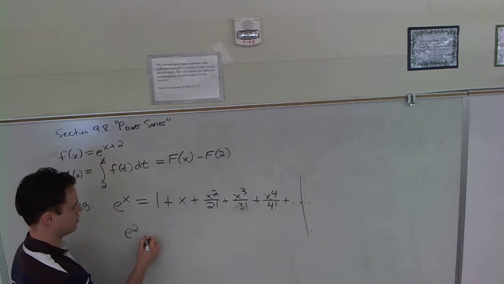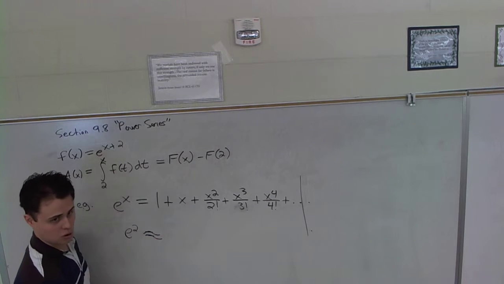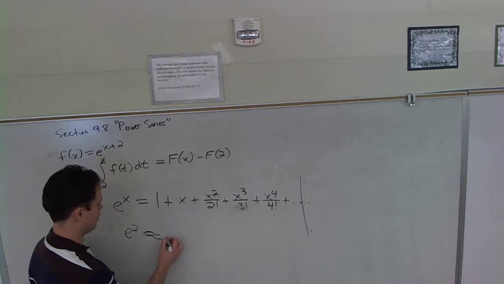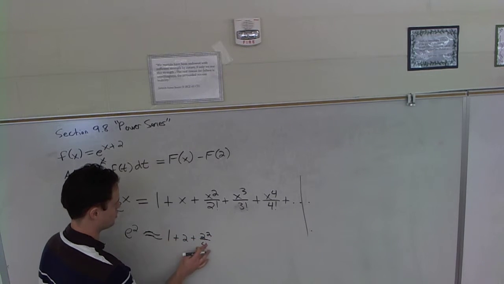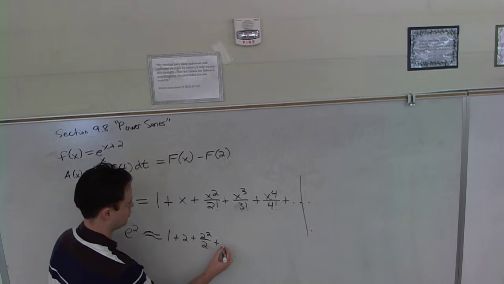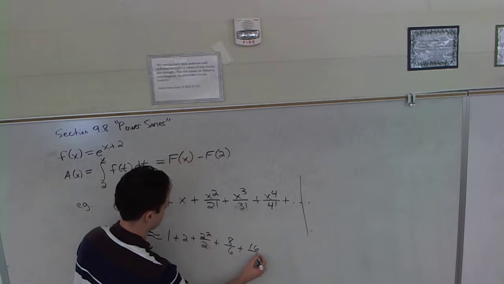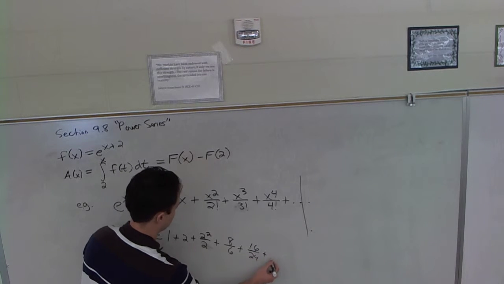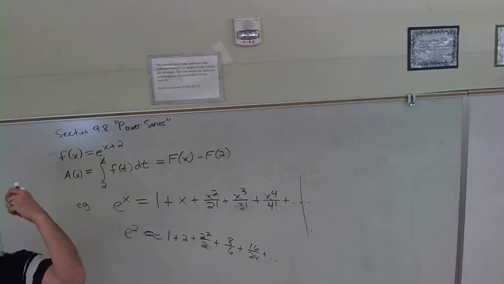And basically, when it tells you e to the 2 equals, what it really means is approximately equals, and it's gone like 1 plus 2 plus 2 squared over, what's 2 factorial? 2 plus 8 over 3 factorial plus 16 over 4 factorial. And it just cuts that off in an appropriate spot so that you don't get very much error and you never know the difference. That's how your calculator gets around the issue of having to remember an infinite set. Pretty neat, huh?